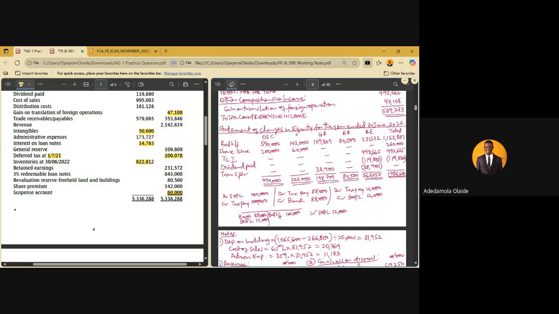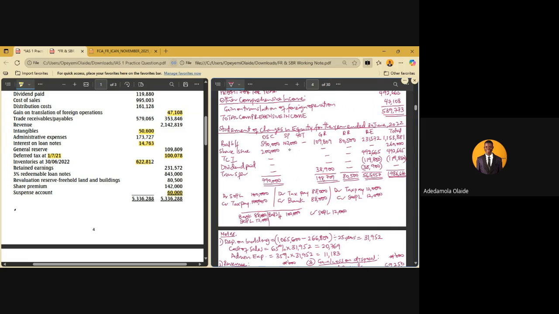So I will adjust this share premium. Share premium, gain on translation. So share premium initially was 142,000.